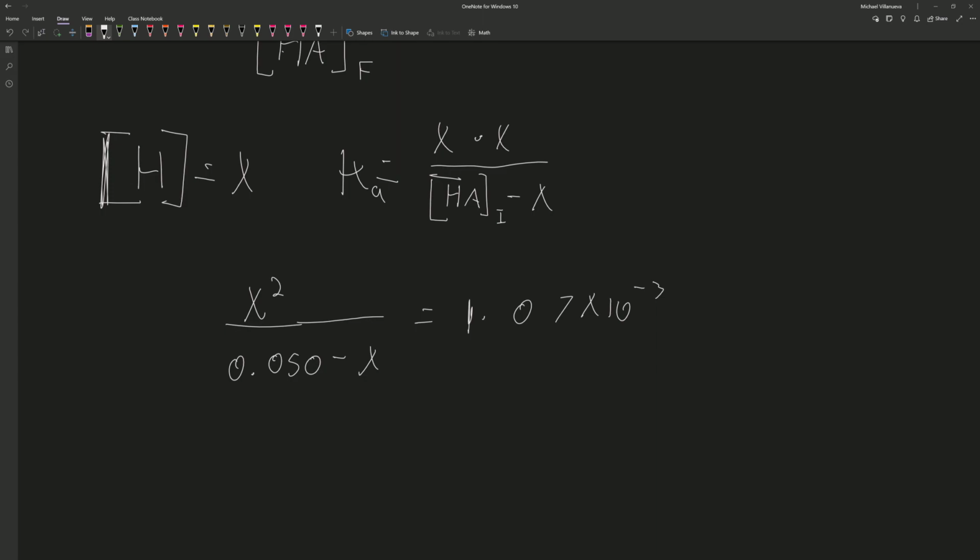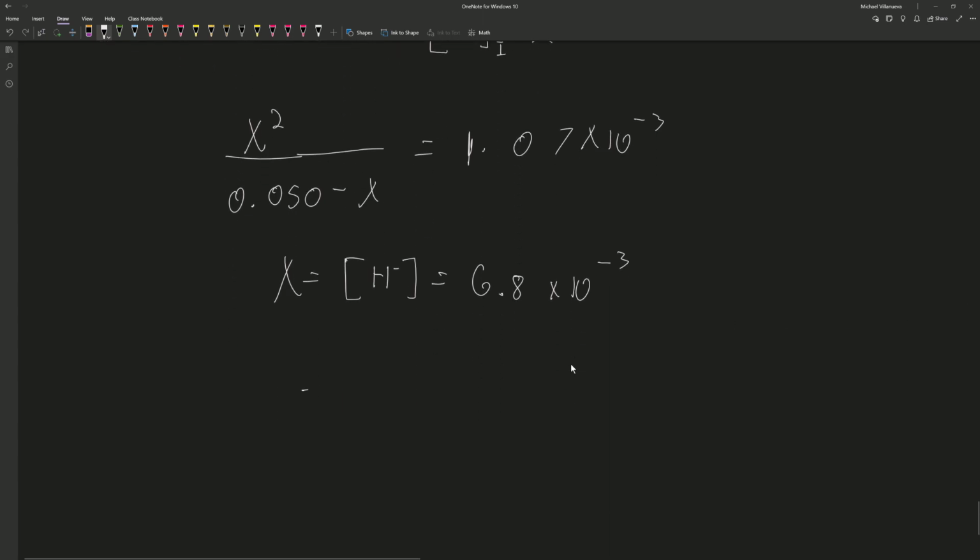So when we solve for X, X is equal to H, which is equal to 6.8 times 10 to the negative third.